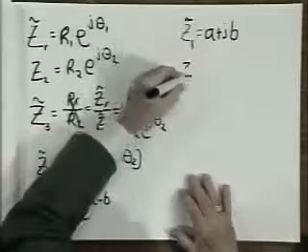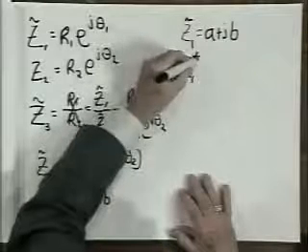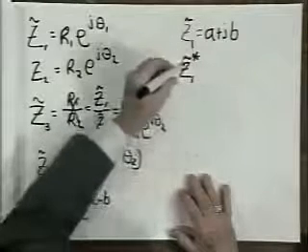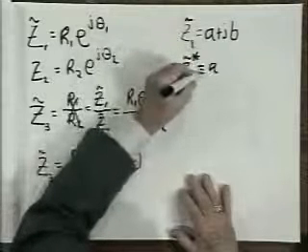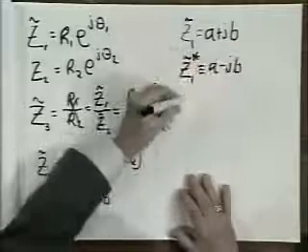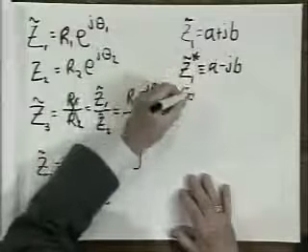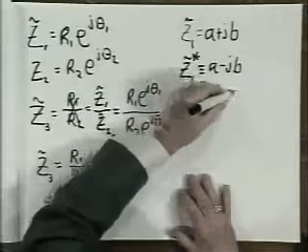The complex conjugate of z1, which I'll indicate with an asterisk, meaning conjugate of, is by definition, a matter of definition, a minus jb. This is a complex conjugate.